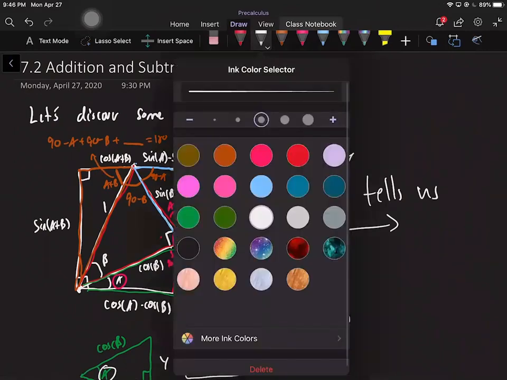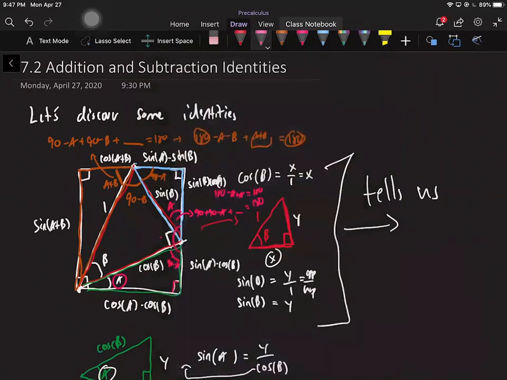So let's see, I want more colors here. Okay, this will be fine, I guess. Pink. So rectangles are nice because their opposite sides are the same length. So for example, this side length here is this amount plus this other amount. So that's that total side length.